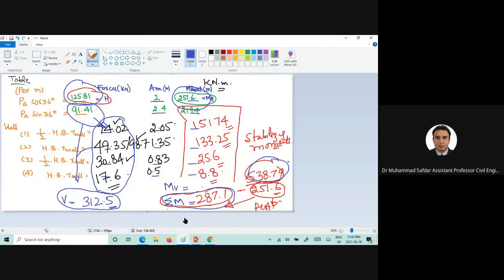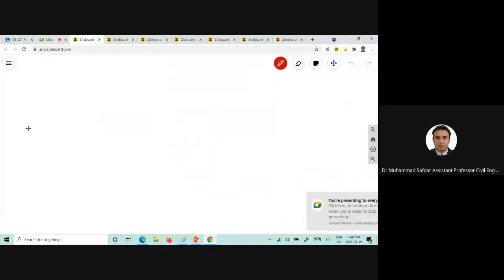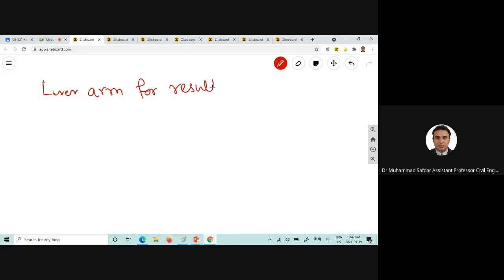And what we need to do next after this, so we can find out the lever arm for the resultant, and that we can do using this equation. We can also find out the eccentricity.